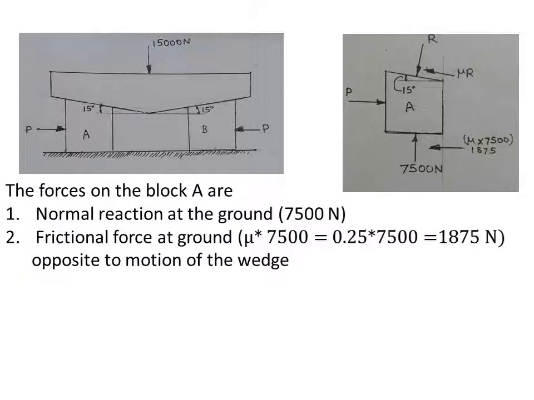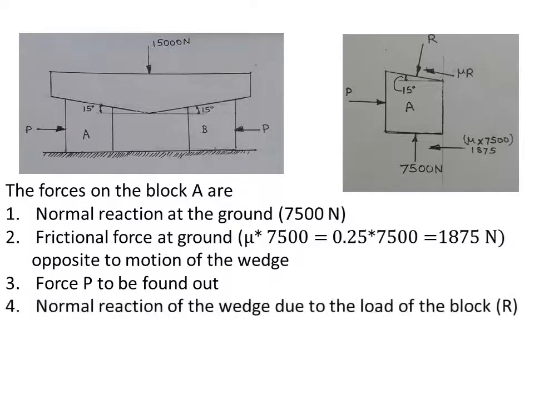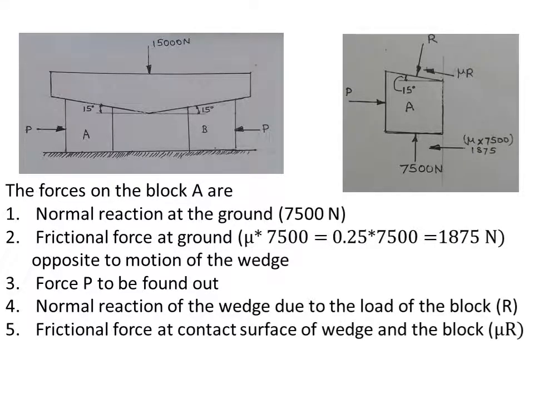Mu is 0.25, so its value is 1875 newtons, opposite to the motion of the wedge. 3. Force P, to be found out. 4. Normal reaction R on the wedge due to the load of the block, and the friction force at the contact surface of the wedge and the block, that is mu R.